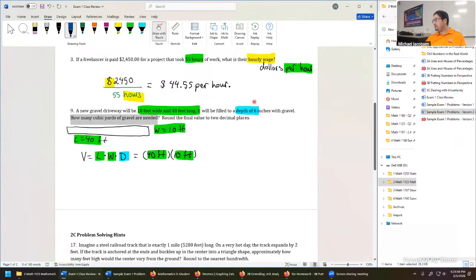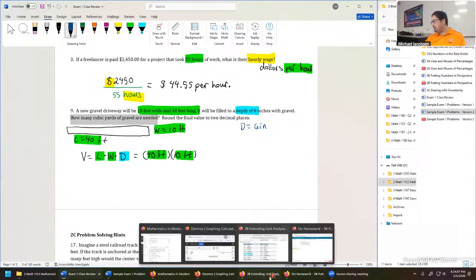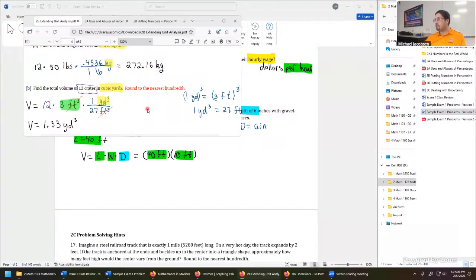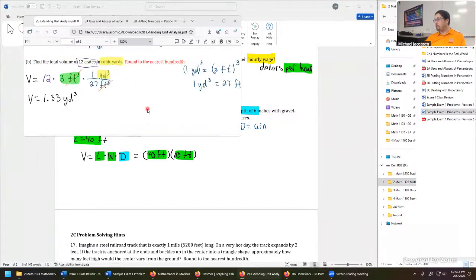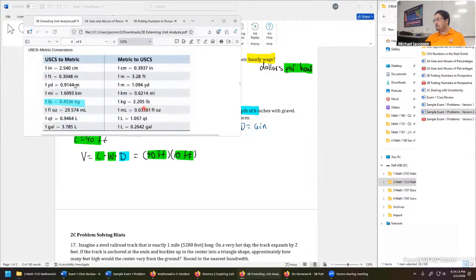Oh, there we go. So let's take this depth right here. It's 6 inches, but we know, say, we could do a table lookup. Hang on, I don't think that was in the table here. Or is it? Well, it's not in here so far. 1 foot is in meters.